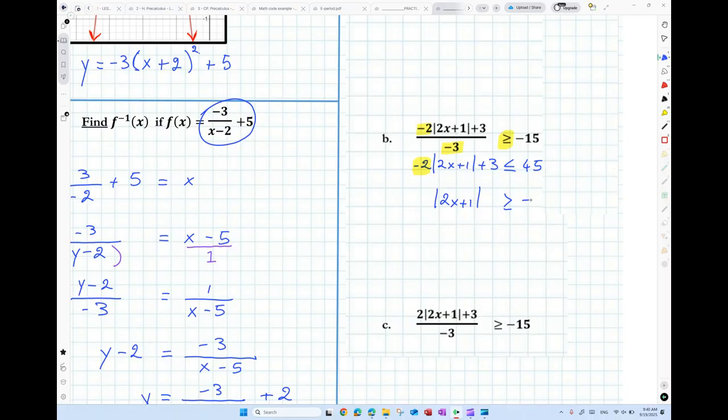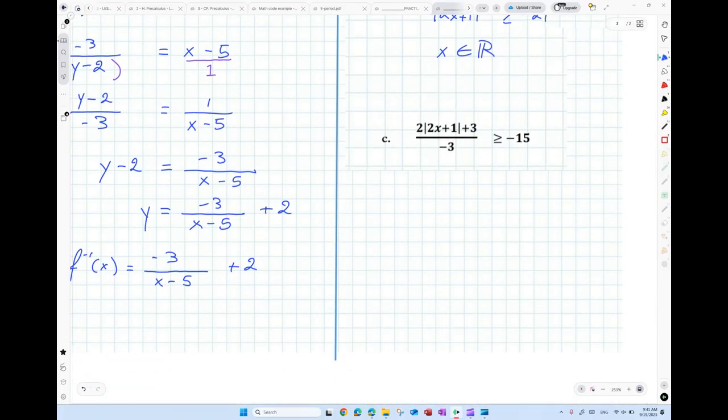I will still have -21. Now, in that case, a positive value will always be greater than a negative value. So this inequality right here will always be true no matter what you plug in for x. So x can be any value. It belongs to the set of real numbers.